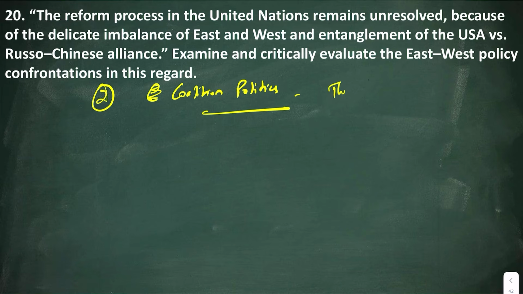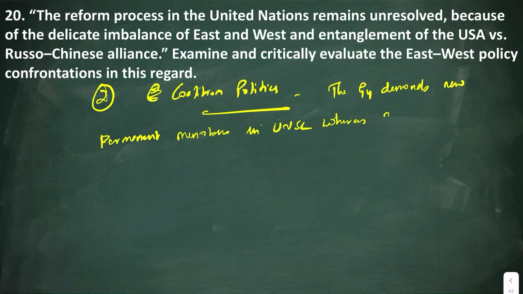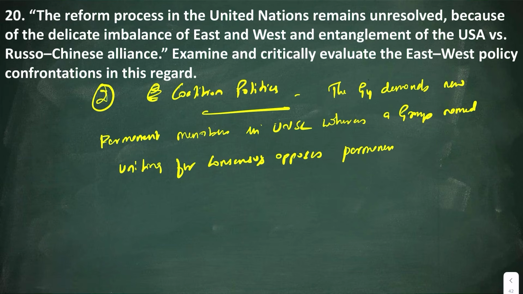The G4 demands new permanent members in UNSC, whereas a group named Uniting for Consensus opposes permanency and proposes long-term re-electable seats.